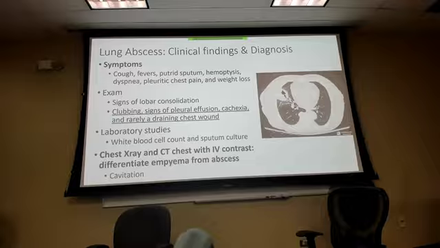So if the abscess in the lung is right up against that wall, on x-ray it may look like you have an empyema, when really it's inside the lung, not outside the lung. So that's what the CT does, it differentiates them. You can actually see where the lung ends, depending on where the abscess is.